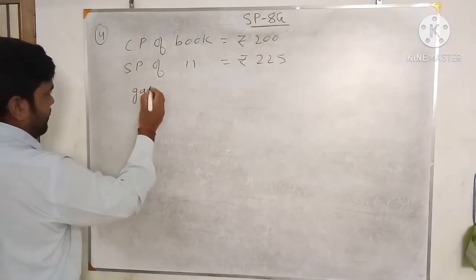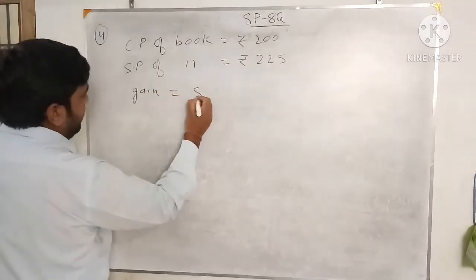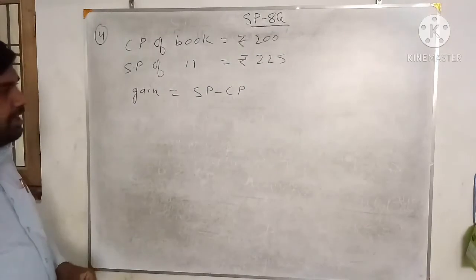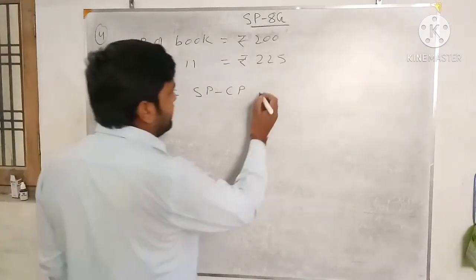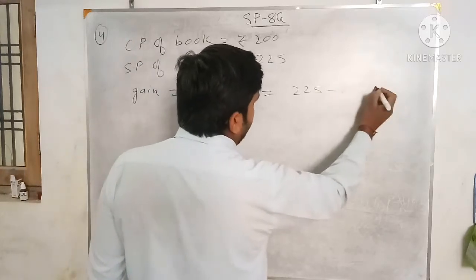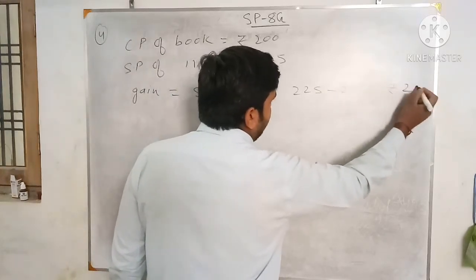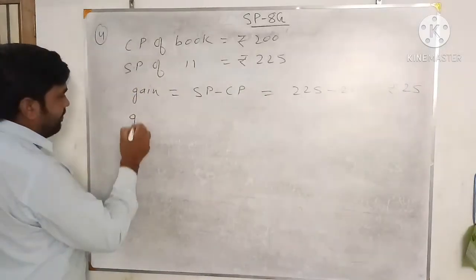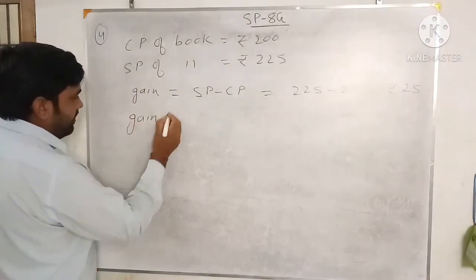So his gain equals SP minus CP. We subtract the cost price from the selling price to get the gain. The selling price is 225, the cost price is 200, so we get rupees 25. So 25 is the gain. Now it is asked gain percent, which means profit percent.